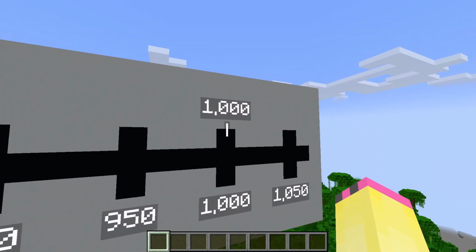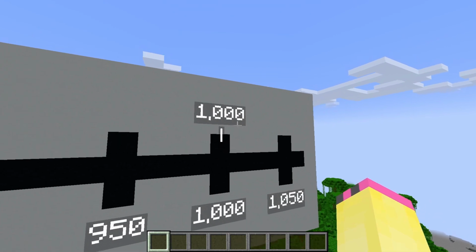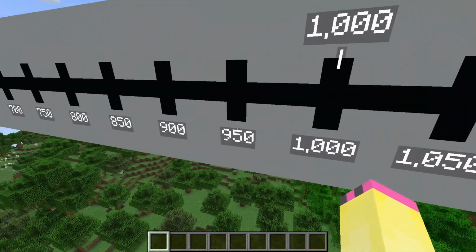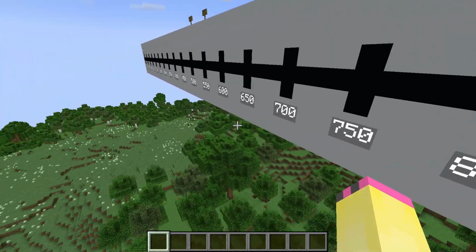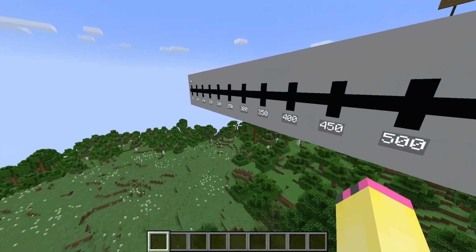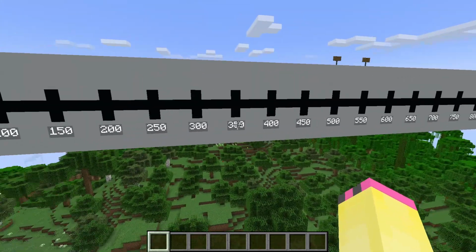Because 1000 is so large, we are now counting by 50s each time instead of 1, and we lose a lot of precision when doing this comparison.